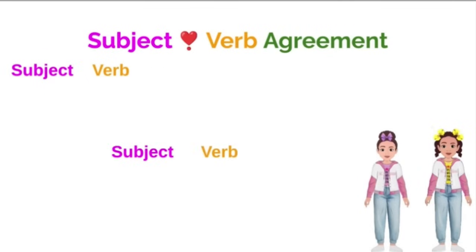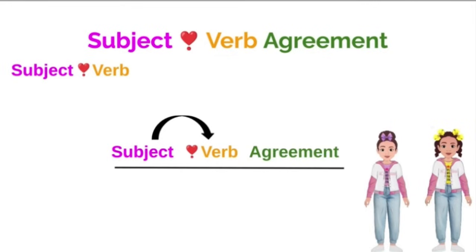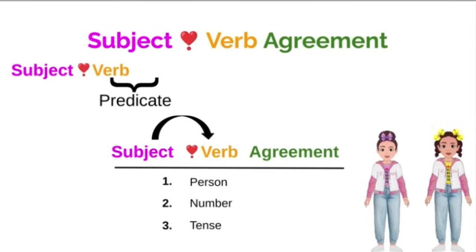The subject and the verb must agree in person. That's right, the point of view of the reader. And secondly, number. Okay, that's whether it's singular or plural. And lastly, tense. There we go. When the action is happening, whether it's past, present, or future.